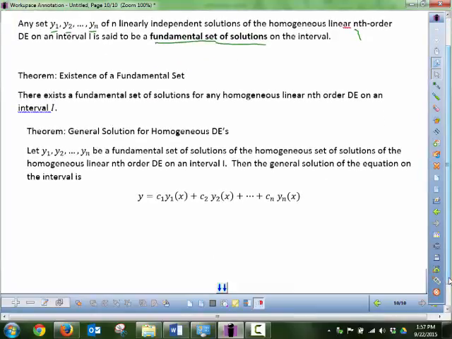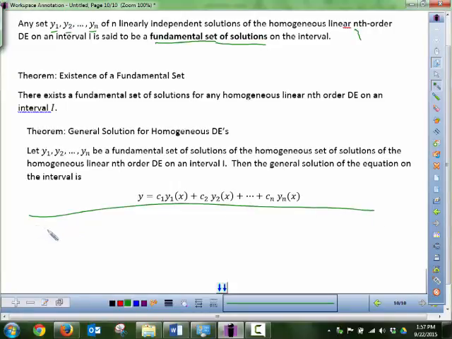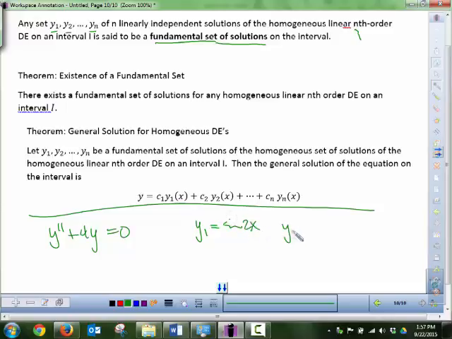So back to our first problem, the one that came from the exam. We've got y double prime plus 4y equals 0. And then we said y1 is equal to sine 2x, y2 is equal to cosine 2x. Turns out that they are linearly independent, and you can use the Wronskian to prove that.